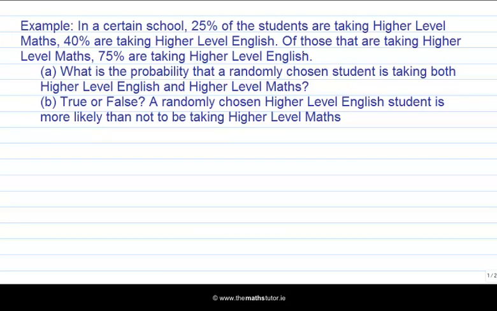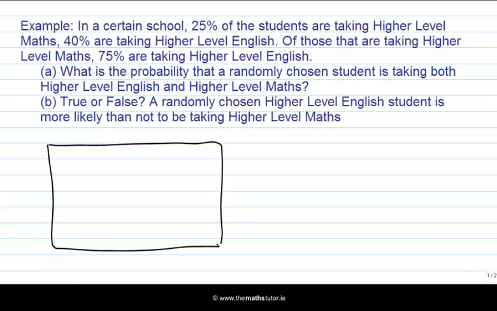Well, let's start off by trying to represent this situation with a Venn diagram. Let's say that this box represents all the students in the school. Can we somehow represent the information that we're given in the Venn diagram?